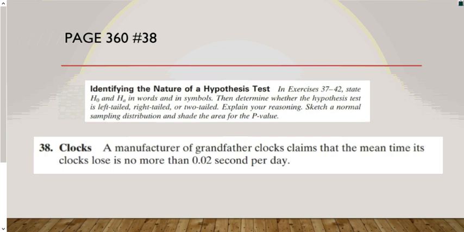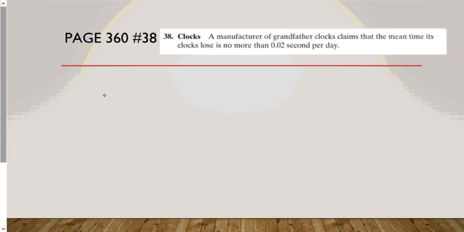A manufacturer of grandfather clocks claims that the mean time loss in its clocks is no more than 0.02 seconds per day. So our two statements might be, one, that mu is less than or equal to 0.02 seconds, and the other would be that mu is greater than 0.02 seconds.